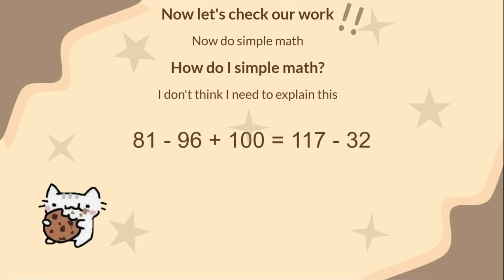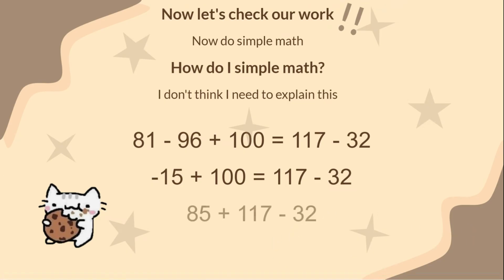So, 81 minus 96 is negative 15, plus 100 equals 117 minus 32, and then negative 15 plus 100 is 85. Oh, shoot. That's supposed to be an equal sign. 85 equals 117 minus 32, which means 117 minus 32 equals 85. So 85 equals 85. It makes sense.